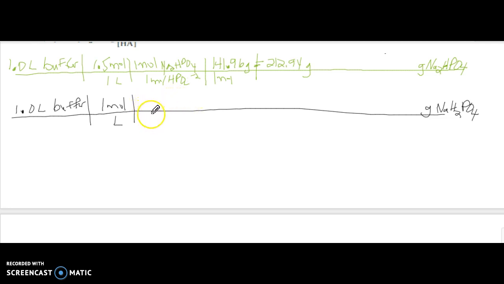So the concentration of 1 mole, again, I'm getting 1 mole of the H2PO4 ion for every 1 mole of the sodium. And then again, it's just a molar mass.